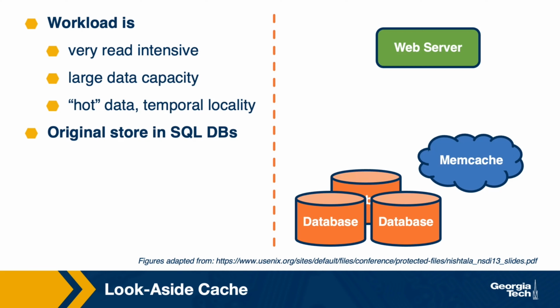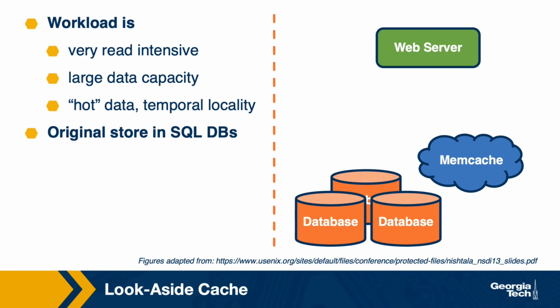So in a single cluster, many of the large-scale internet applications are very read-heavy, and the reads are served over very large data sets. Likely, however, the reads are not very uniformly distributed, and there are some items that are more popular, and we call these hotter items. It's also quite common for items to have temporal locality, and more recently added pieces of the state tend to be hotter than older ones.